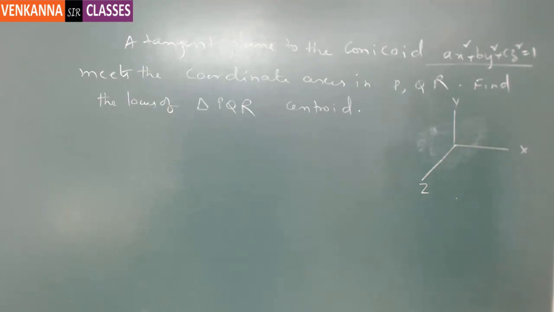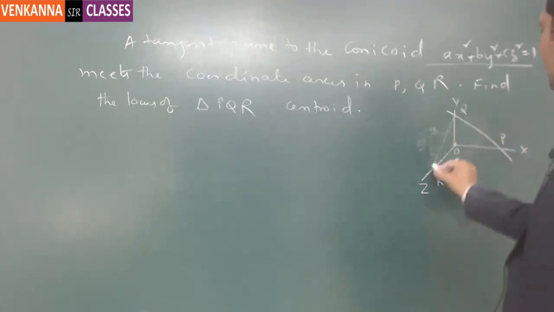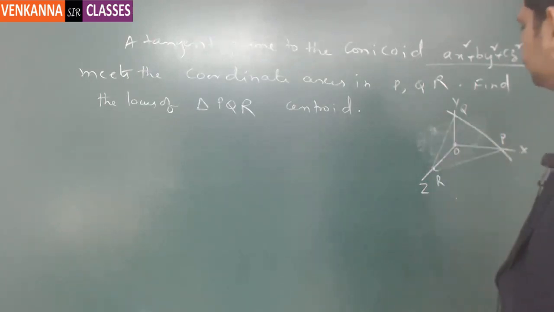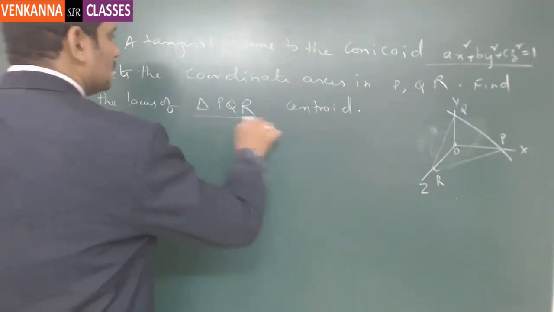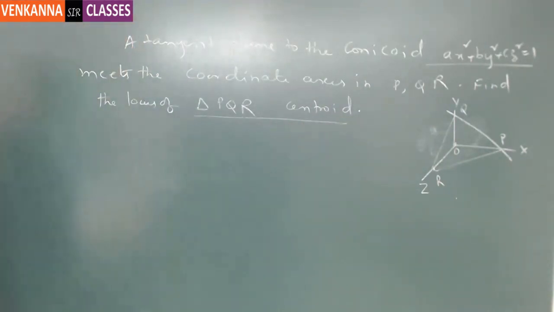For this conicoid, I have considered the tangent plane to it. The tangent plane meets the coordinate axes at the points P, Q and R. So obviously, you will get the triangle PQR. You have to calculate the centroid locus for it, the general question as we did earlier.